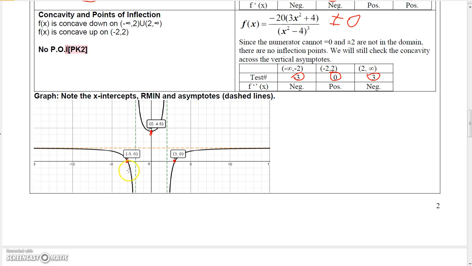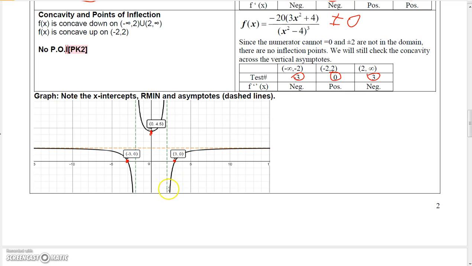Okay, well, if you were to plot some other points, it might be helpful, but in order for this graph to go through this point, and for this line to be a vertical asymptote and this line to be a horizontal asymptote, it makes sense, and especially since the graph is decreasing and concave down over here, then it makes sense that it's going to look like that over here. And then on this side, the graph is increasing and concave down, and it's got to go through this point, so it makes sense for this to be the vertical asymptote.